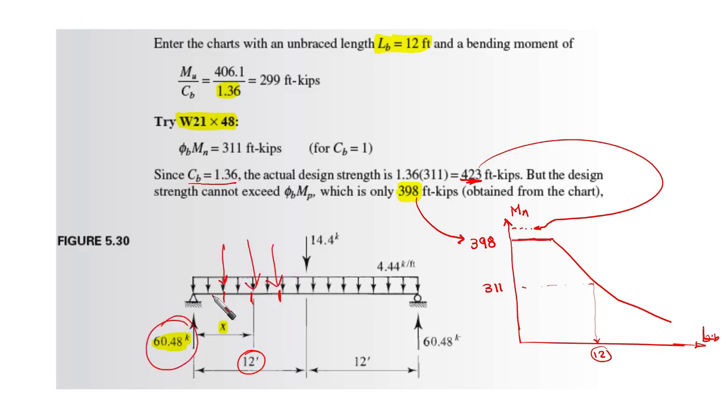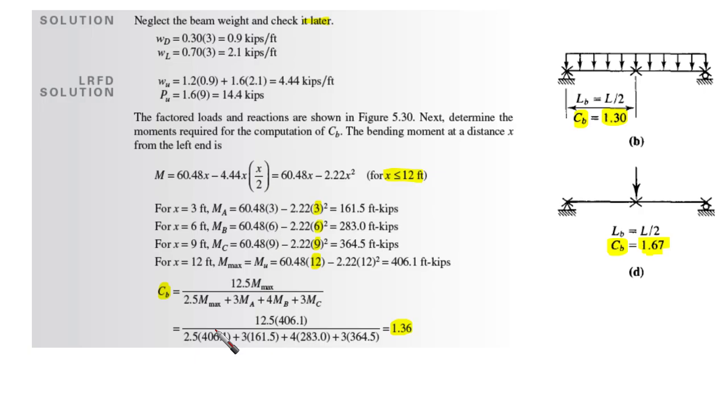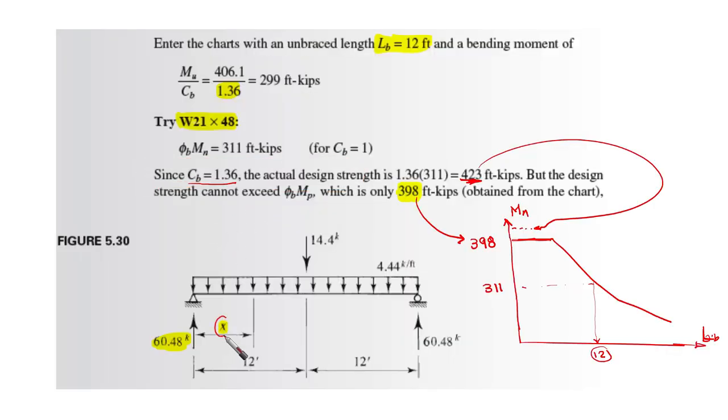We know the reaction, and we know the distributed load here, it is 4.4 K, so we can calculate the moment at each point. This is at 3, this is at 6, this is at 9. Based on that, we can use this equation, or you can calculate it easily by hand. It is based on the distance x from the left support.